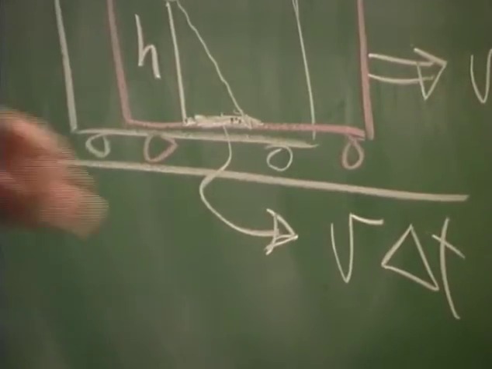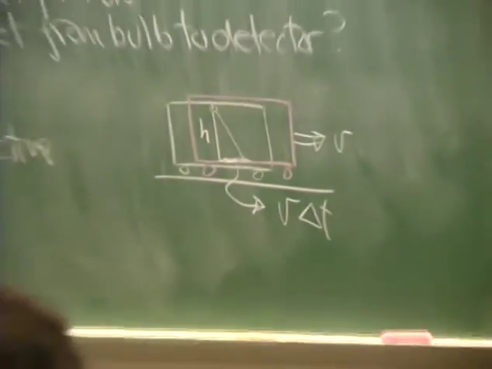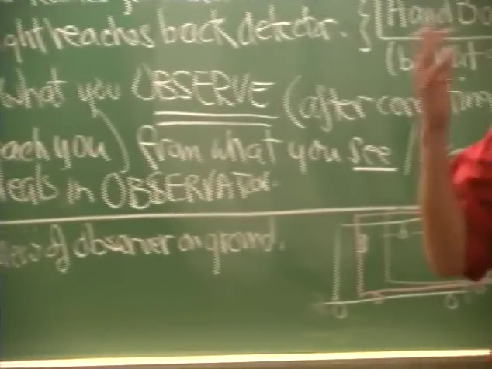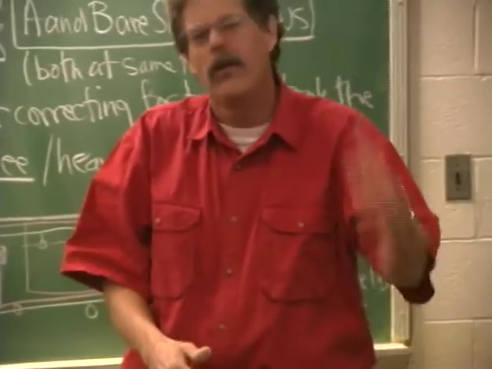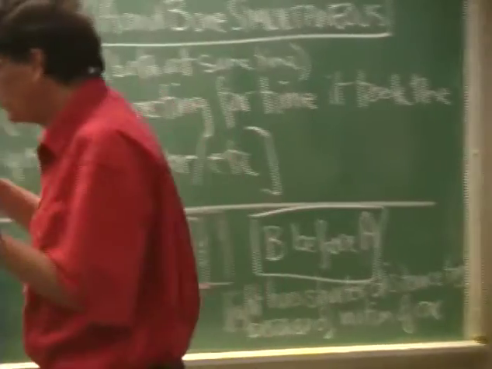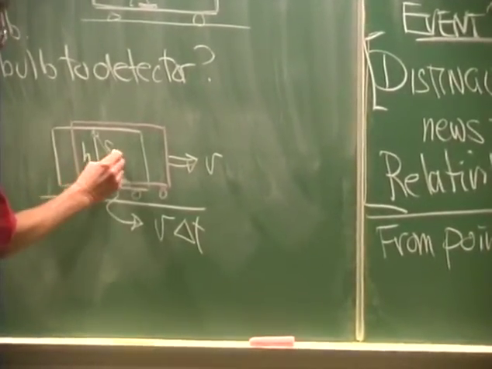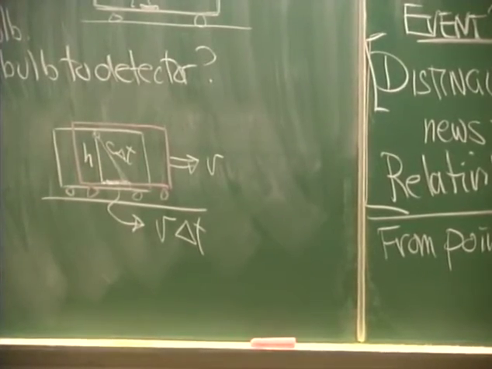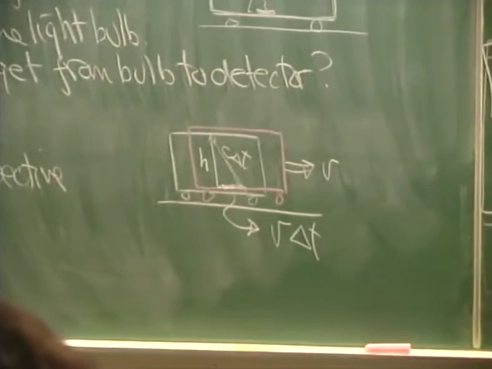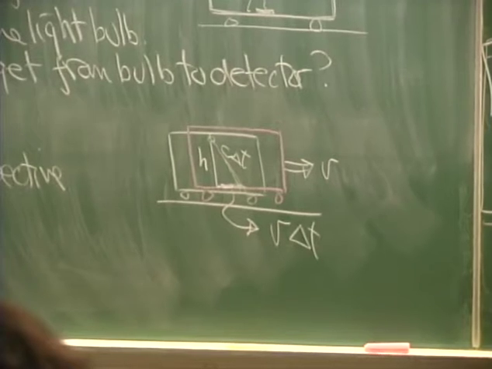As I said before, these analyses are in some respects a lot easier than they would have been in classical physics, because I never have to confuse my mind about how fast the light is traveling. The light's always going at speed c. So the light has to go this diagonal distance. c delta t is the distance that the light traveled. Velocity of light times the amount of time it took.